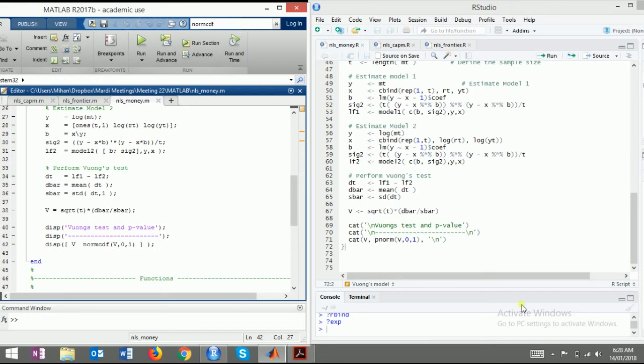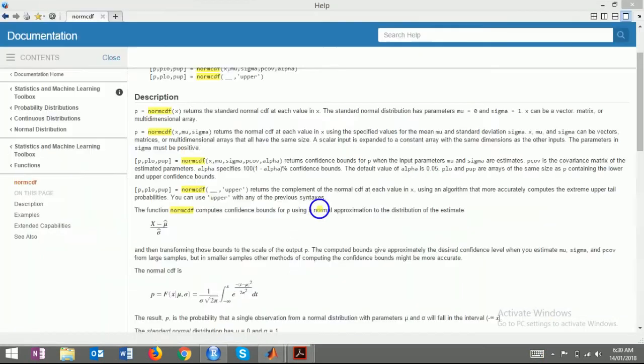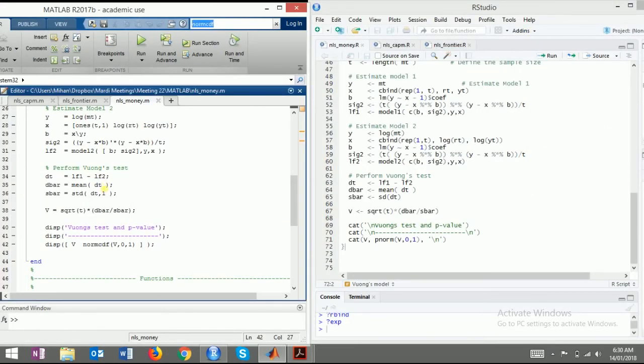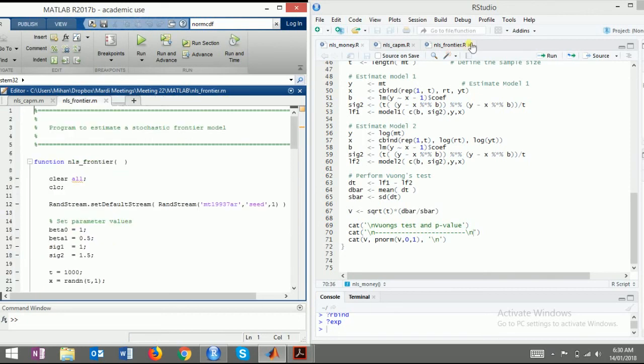Alright, let's just wait for MATLAB to return. As you can see, V is what we estimate, whose distribution we want, mean and sigma. So that's all, very simple. V is 0 mean 1 variance, V is what we are finding. So P norm, that's all. Very simple and easily solved. There you go.